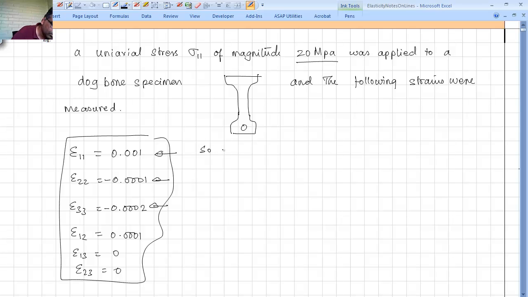So what constants can be determined in the compliance matrix?